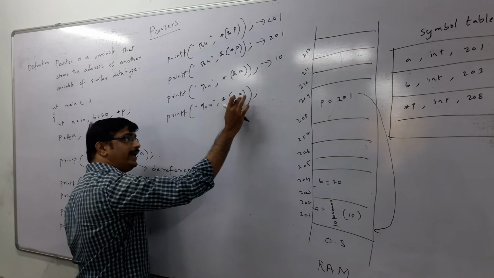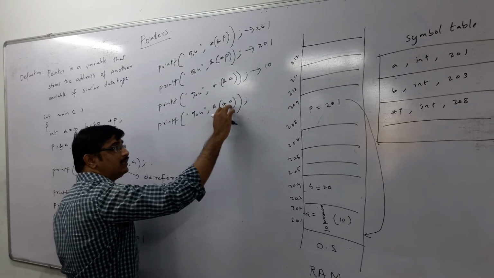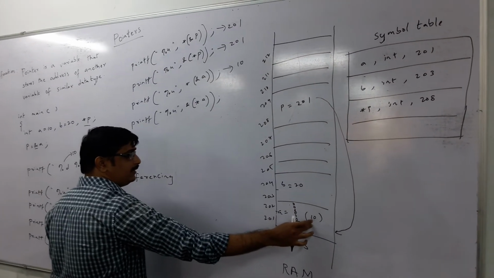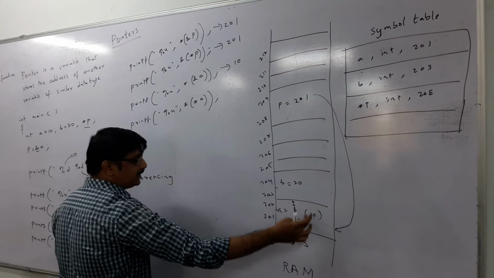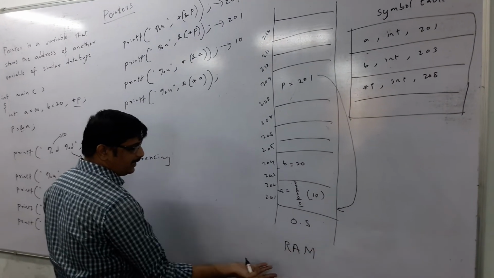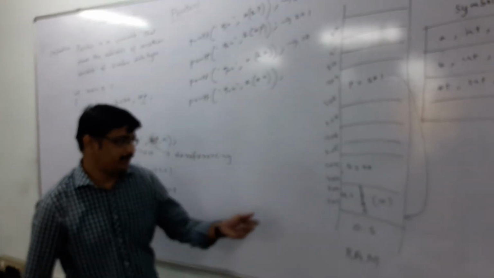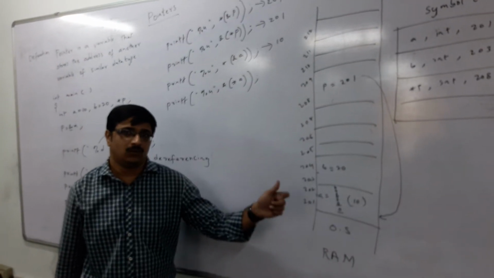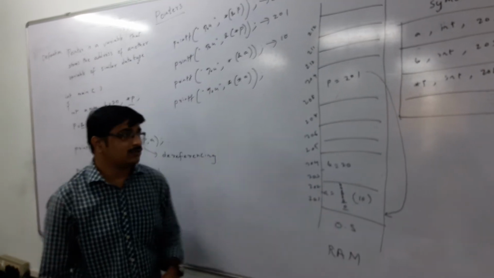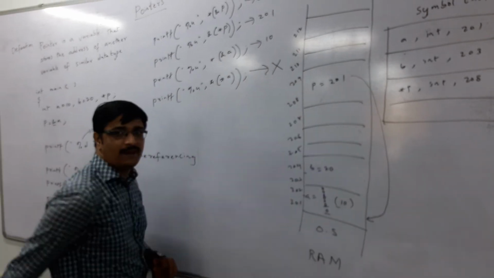I have to go to a, where I will find an address, that is 10. I have to go to that address location and print the address there. But I am going out of the memory that has been allocated to my program. So once again, this is also not possible.